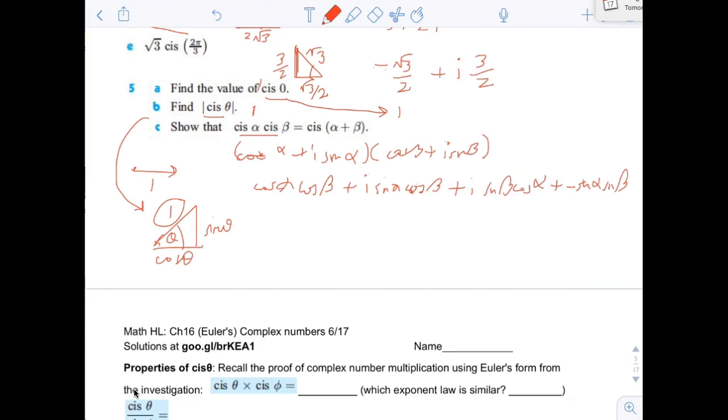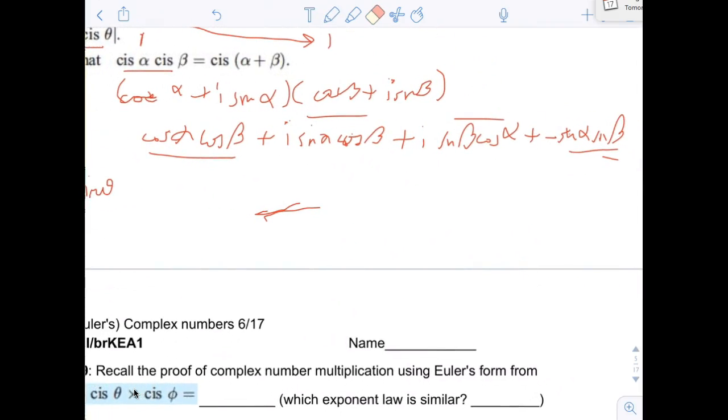Okay? And then we're going to group the real parts together, and we're going to group the imaginary parts together, and then we're going to use those trig identities with the sum and the product. So we're going to have cosine alpha cosine beta minus sine alpha sine beta. That's the real part. And the imaginary part is i times sine alpha cosine beta plus sine beta cosine alpha.